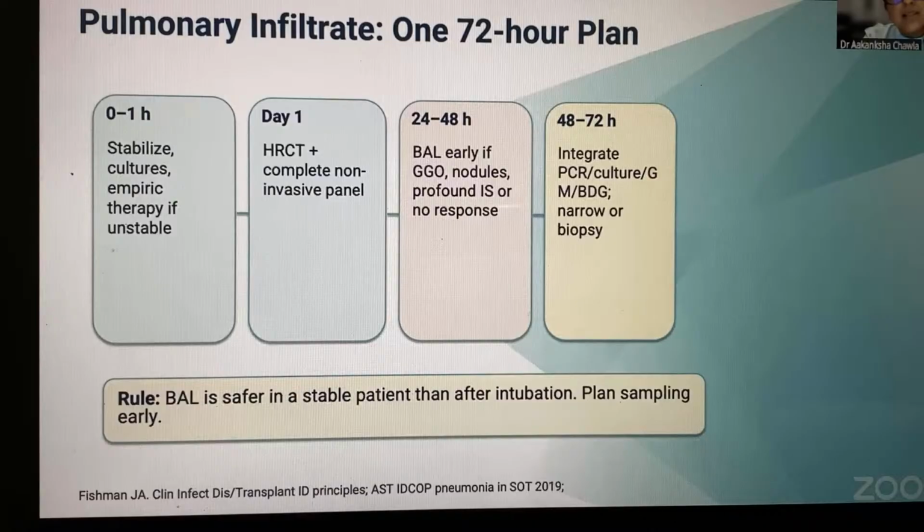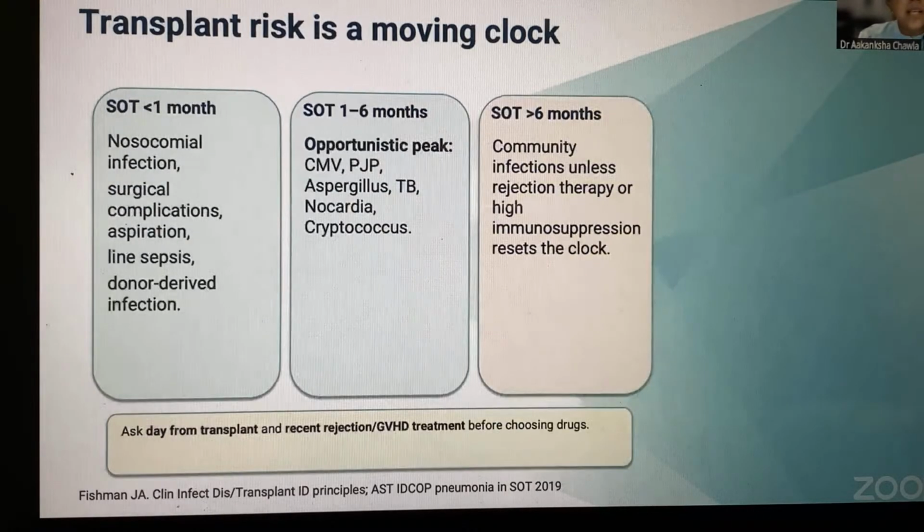And in certain instances where you still don't have a response, or your empiric therapy, the patient is not getting better at all, or there is no diagnosis yet, you may need to also do a biopsy. So remember that BAL is safer in a stable patient than after intubation. So you must plan sampling early.